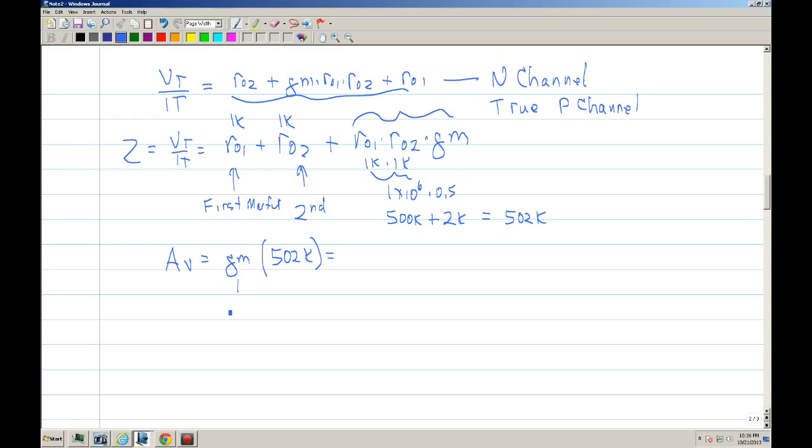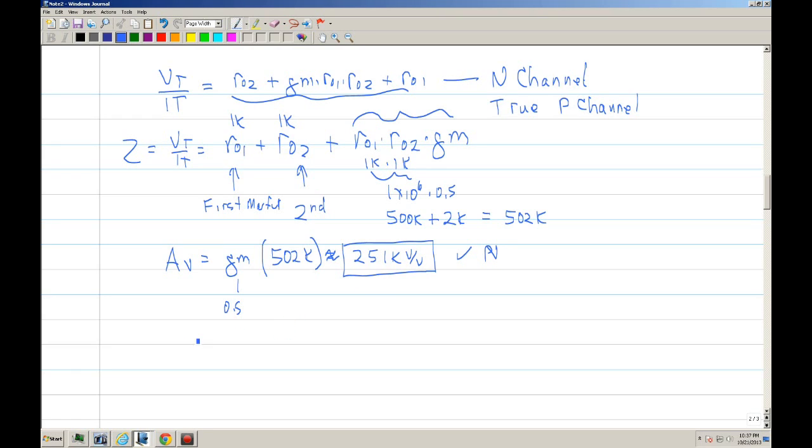And again, if GM is 0.5, then you have approximately a gain of 251K volts per volt. So there's a huge gain. Okay, so that's when you only take into consideration the N channel.